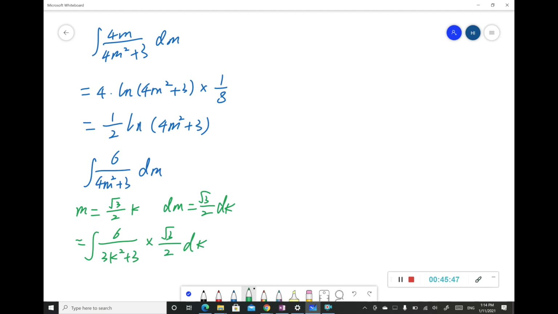We could continue to simplify it, so it can be written as square root 3, since the denominator 2 and 3 can be cancelled by the numerator 6. So the equation becomes square root 3 times the integral of 1 divided by k squared plus 1 dk.